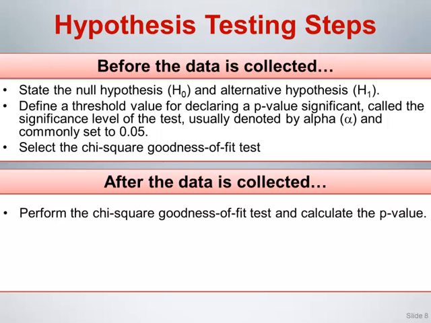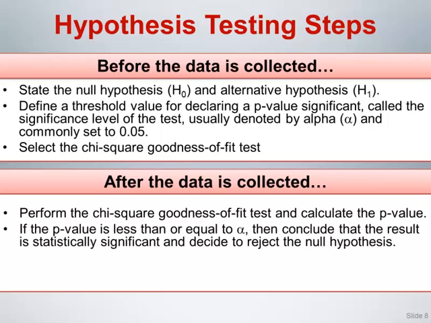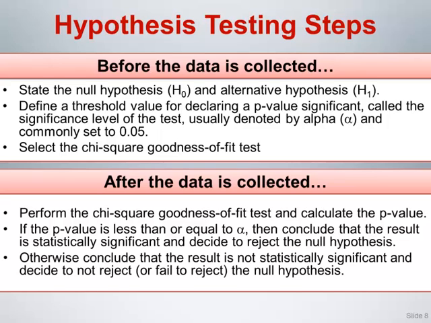After the data is collected, perform the chi-square goodness of fit test and calculate the p-value. If the p-value is less than or equal to alpha, then conclude that the result is statistically significant and decide to reject the null hypothesis. Otherwise, conclude that the result is not statistically significant and decide to not reject or fail to reject the null hypothesis.